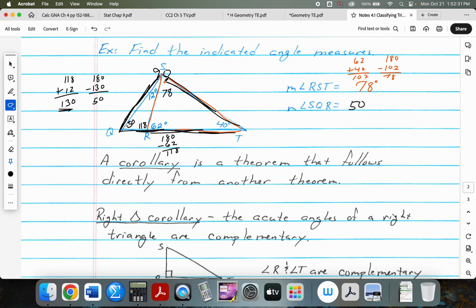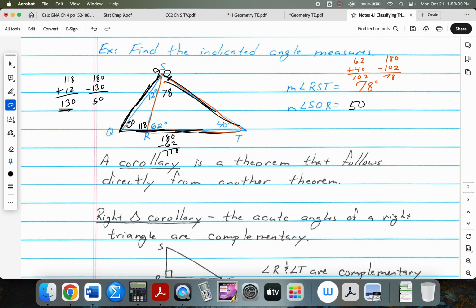I want you to notice something. What kind of a triangle is this whole big triangle, triangle QST, by its angle measures? How'd you get obtuse? You have to talk a lot louder for me, I'm sorry.